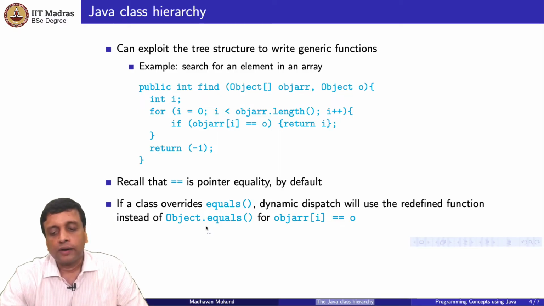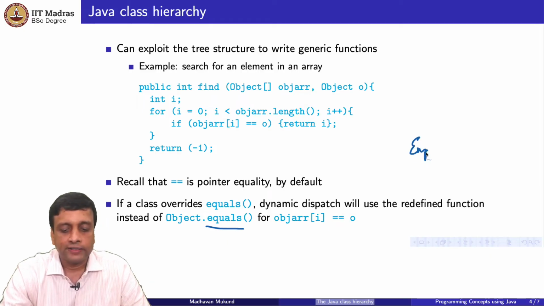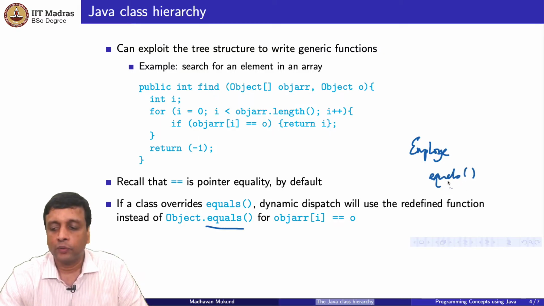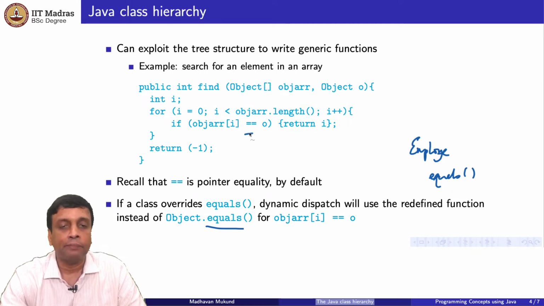So now, what if we actually had overridden this equals? So supposing inside employee, I had written my own equals, which overrides the object equals. Then what will happen is that dynamically at runtime, this dynamic dispatch will kick in.